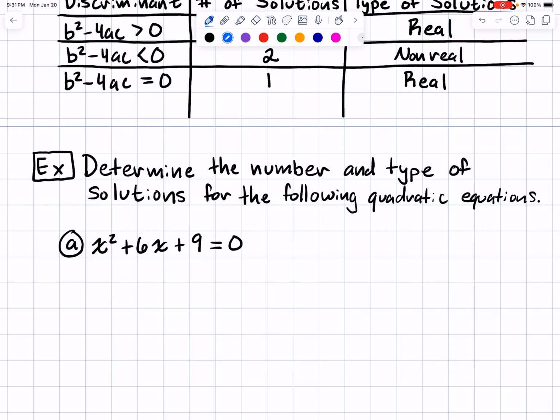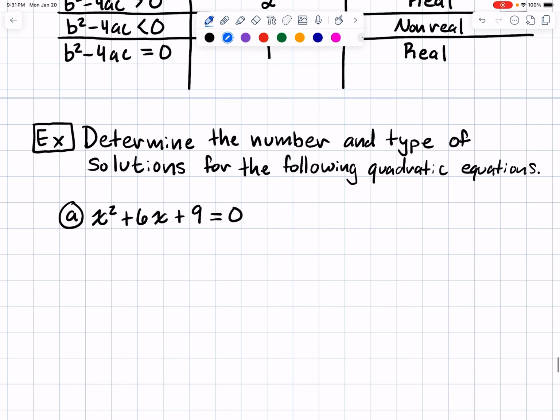So we're just going to want to label what A is, B is, and C is, because all we care about is the discriminant. So A is 1, B is 6, and C is 9. Next, we want to plug them into the discriminant. The discriminant is b squared minus 4ac.